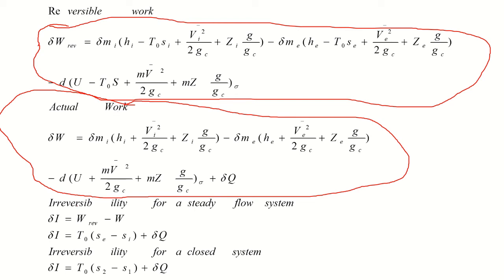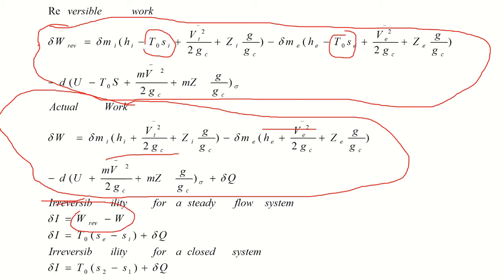So now the question is, I subtract one from the other. The difference is, please observe here. There is T naught SI here, T naught SE here. The T naught SI, T naught SE are not here in the actual work. If I subtract delta W from delta W reversible, I will get irreversibility.